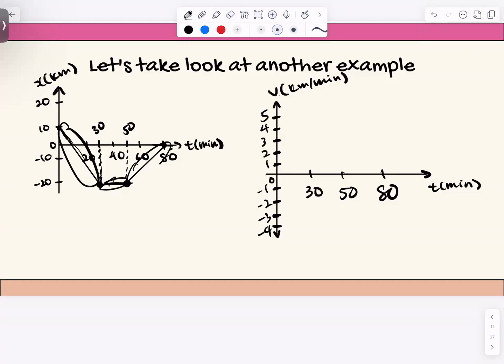I think there's a slope of -1 from 0 to 30 minutes, and zero slope from 30 to 50 minutes, and a slope of, let's draw this in red actually, 1.5, I think, from 50 to 80 minutes. Yes. Okay. Well done, Leo. That is correct. Yep. Okay.